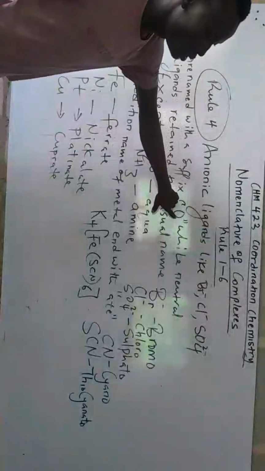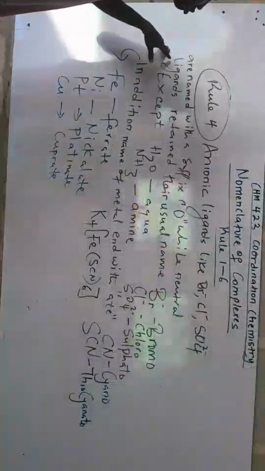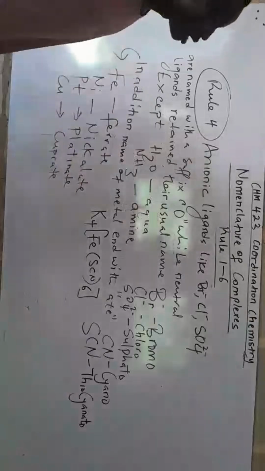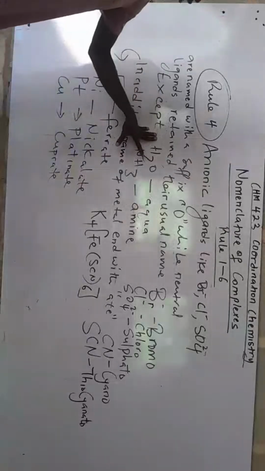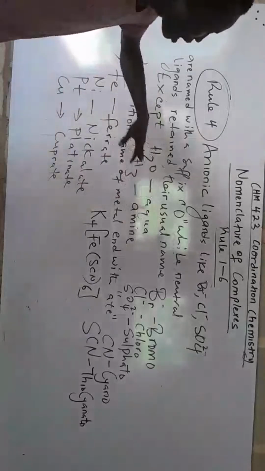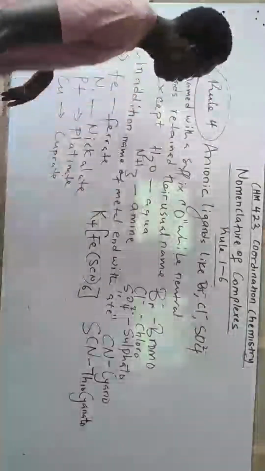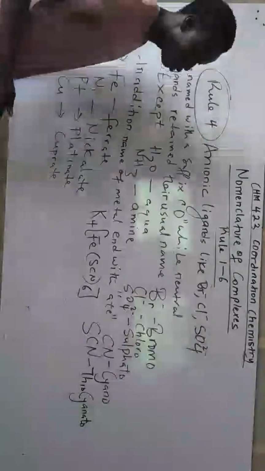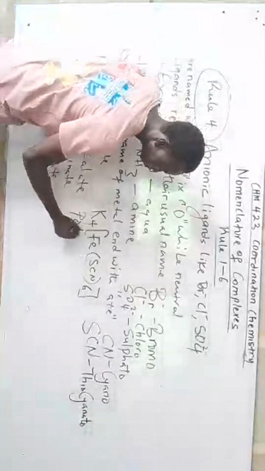With a suffix, which is O. All those are ended with O, while the neutral retain their name as usual, except H2O, for which we take aqua, and NH3 we should take what?